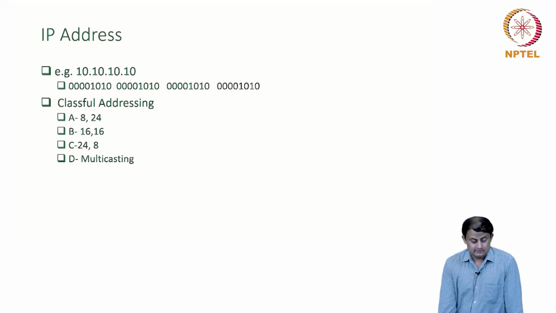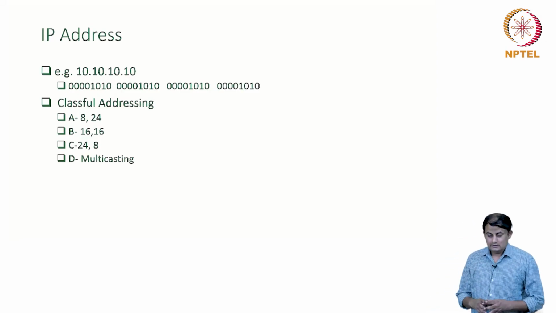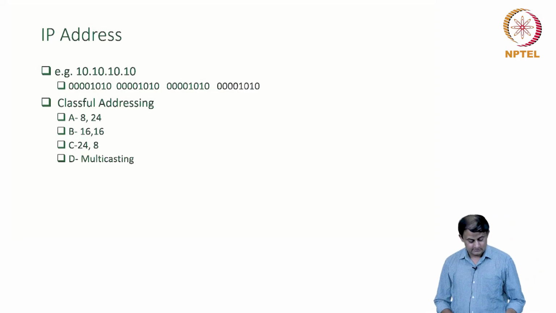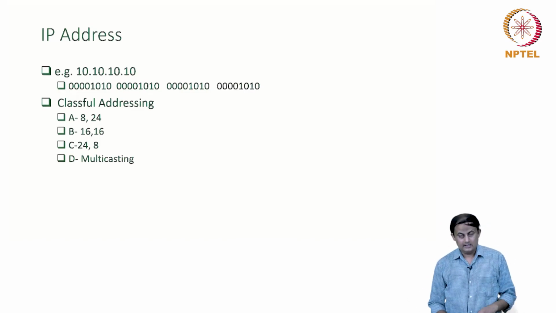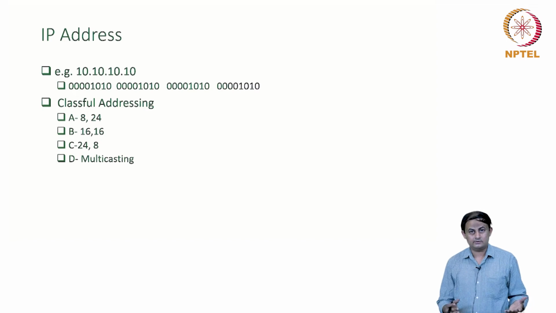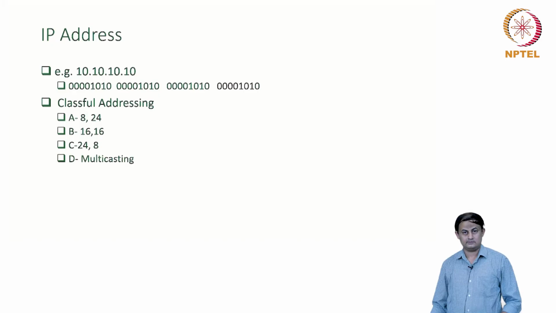So what the network engineers thought is, let us organize these IP addresses into some kind of hierarchy and name them into classes: class A address, class B address and class C address.